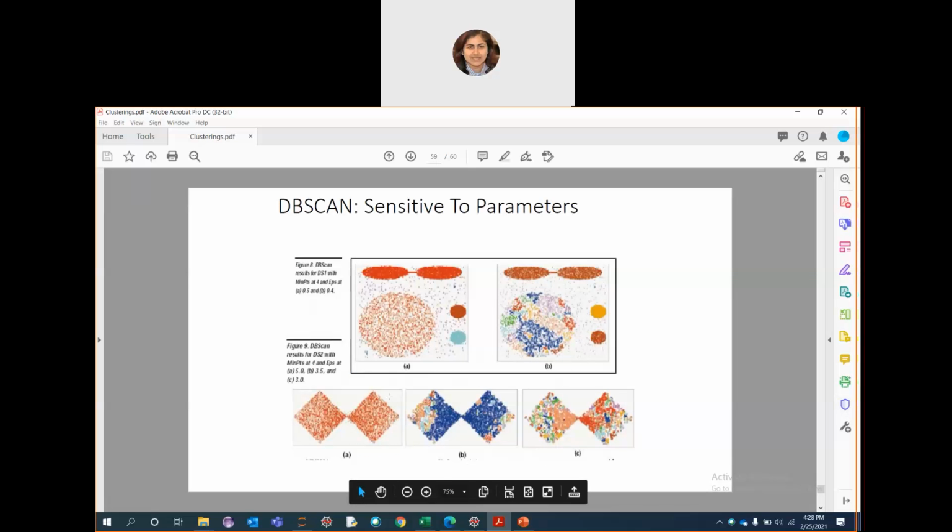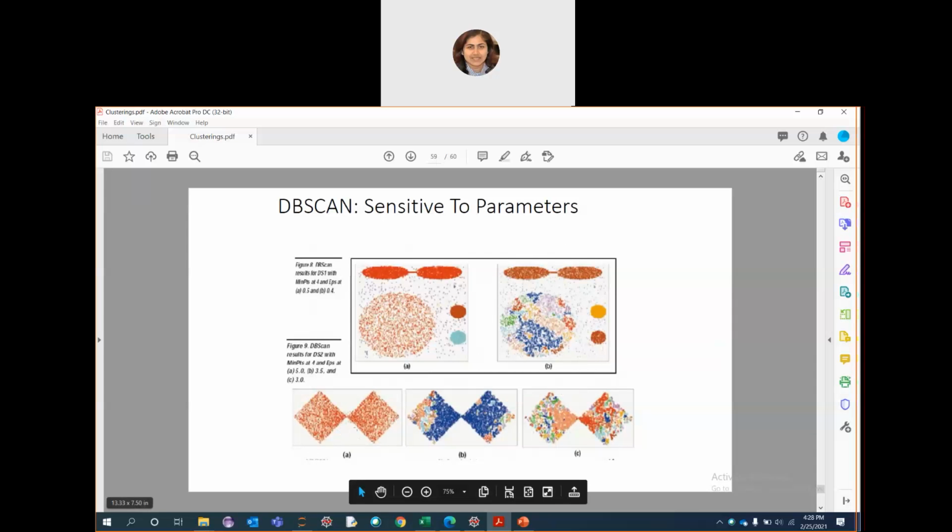Here, see this picture. In picture A, the epsilon is chosen as 0.5. Same dataset, and in B the epsilon is 0.4. Just see how the clustering is visible in a different way, with a difference of just 0.1 in the epsilon value.